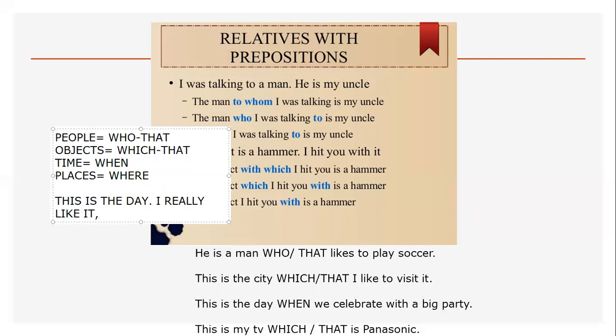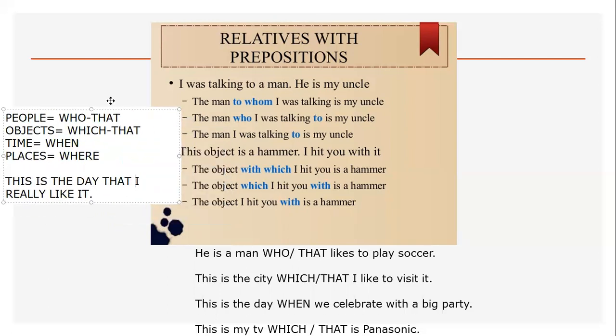Este es el día y me gusta mucho. Ok, pero suena como un robot. This is the day. I really like. No, mejor digo, this is the day that I really like. So that's the objective of the relative clauses.